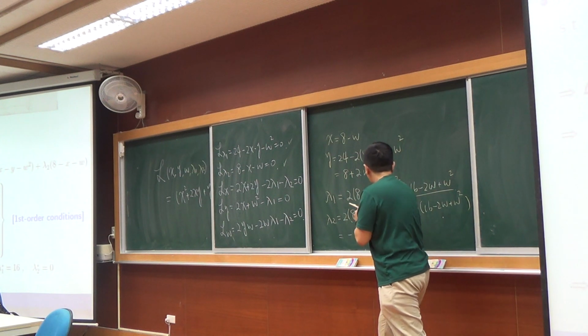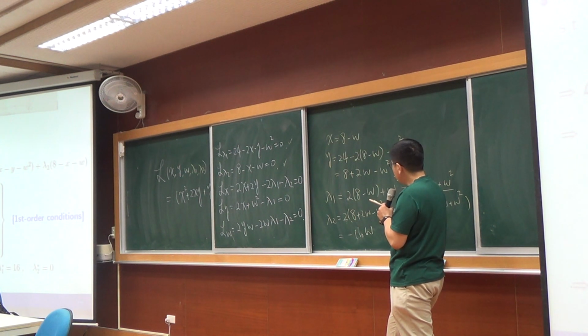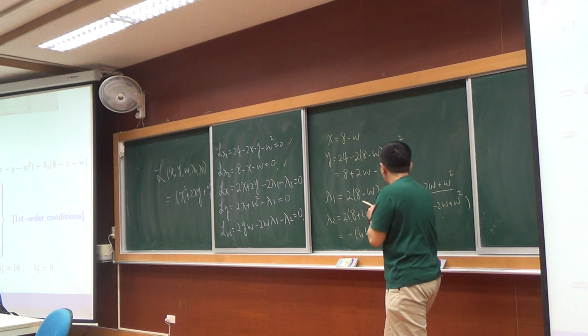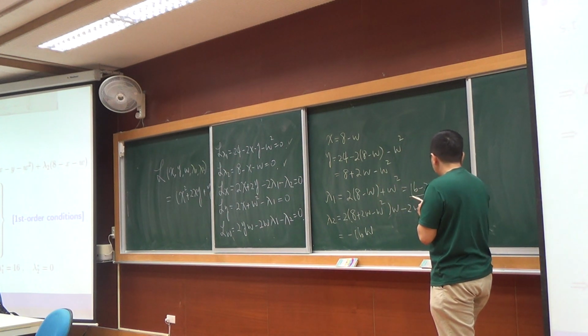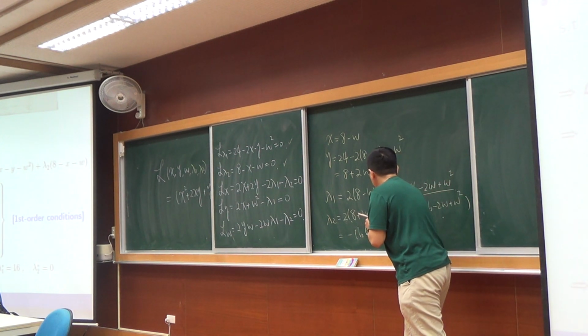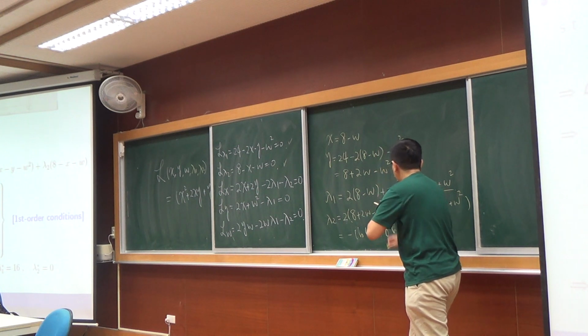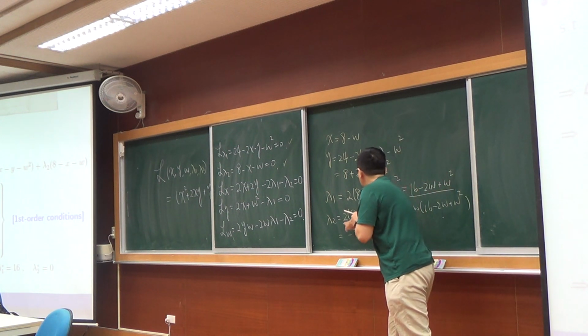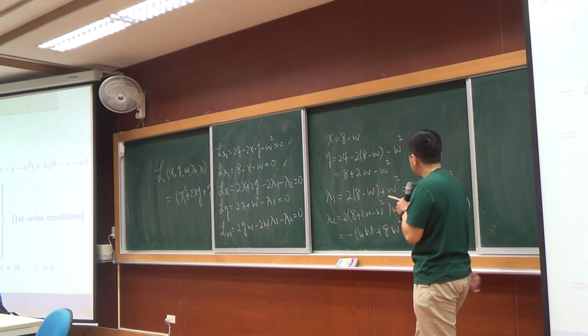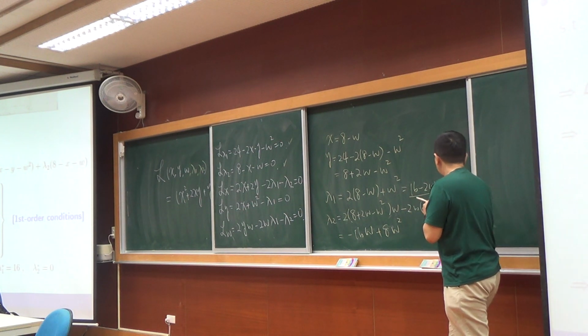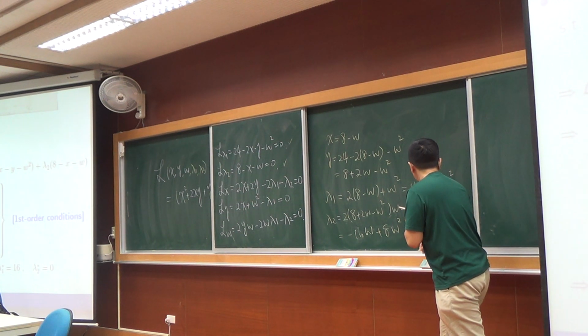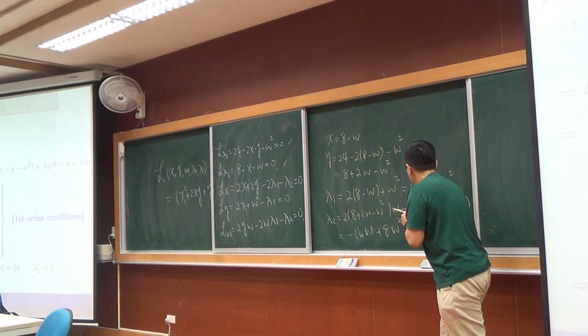And 4w squared, don't forget we have a w here, 4w squared plus 4w squared, so it would be 8w squared. And minus 2w cubed minus 2w cubed. It would be minus 4w cubed.